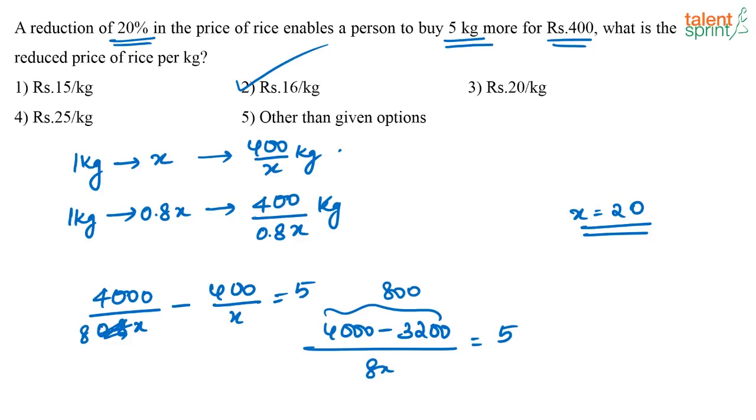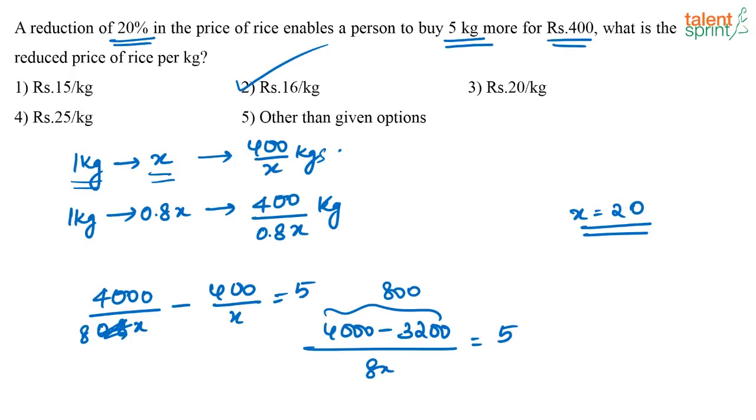See what is given here. First I have assumed that 1 kg of rice is costing X rupees. So for 400 rupees, I can buy 400 by X kgs of rice. Is it clear? Now, what is happening?